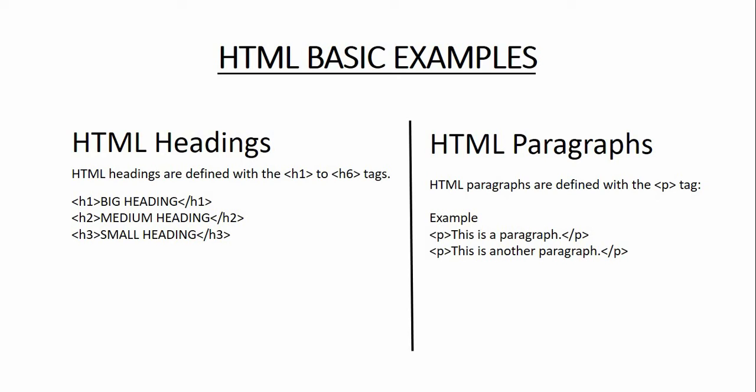So basically, the biggest heading is the H1 tag, which introduces the most important heading, and the H6 tag introduces the least important heading. I will explain this to you practically, so you will have a better understanding.